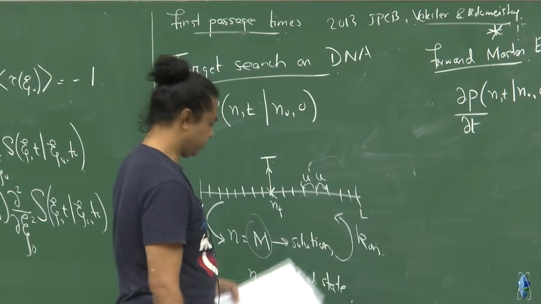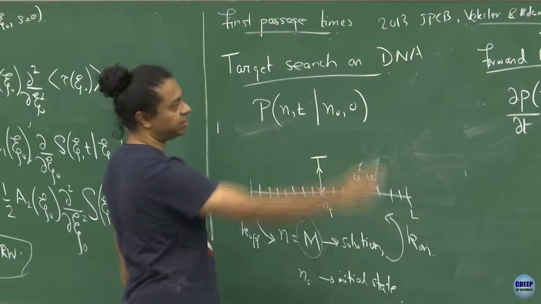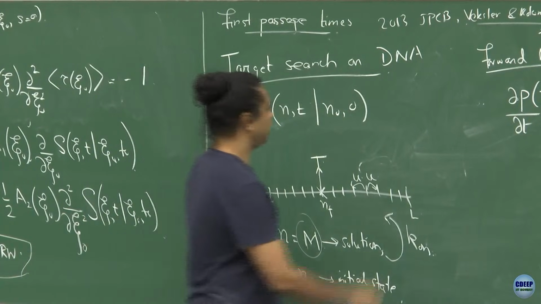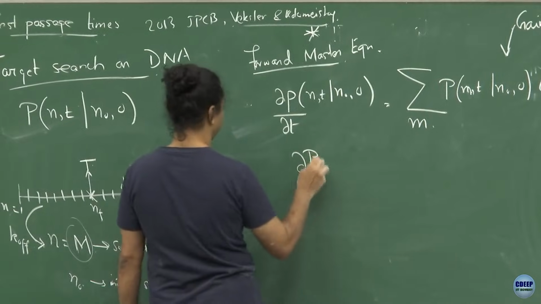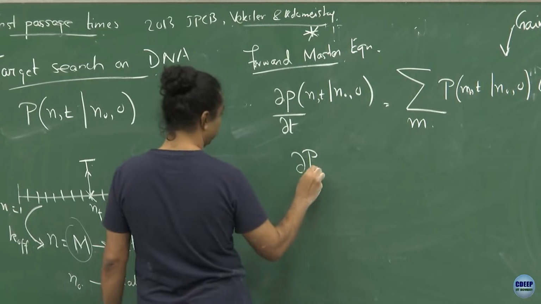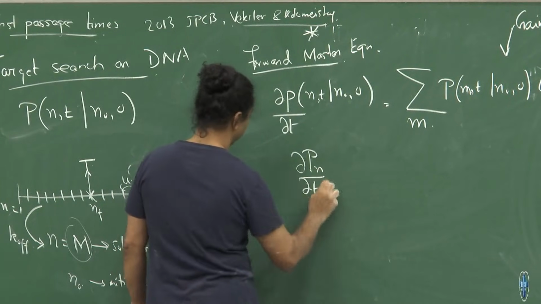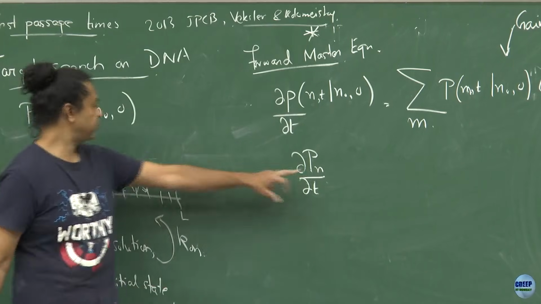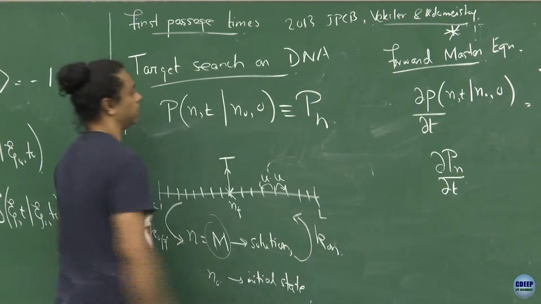Now I want to write this for this problem. Instead of writing all of this n, t and n naught, 0, I will just write P n, with the understanding that this is this probability.